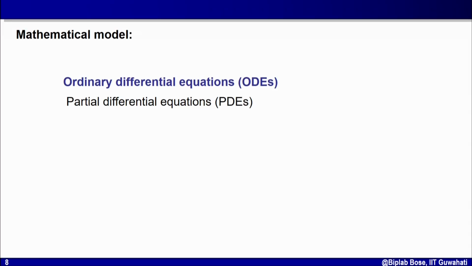Sometimes in a dynamical model, we have to use partial differential equations. Partial differential equations are used when you have more than one independent variable.